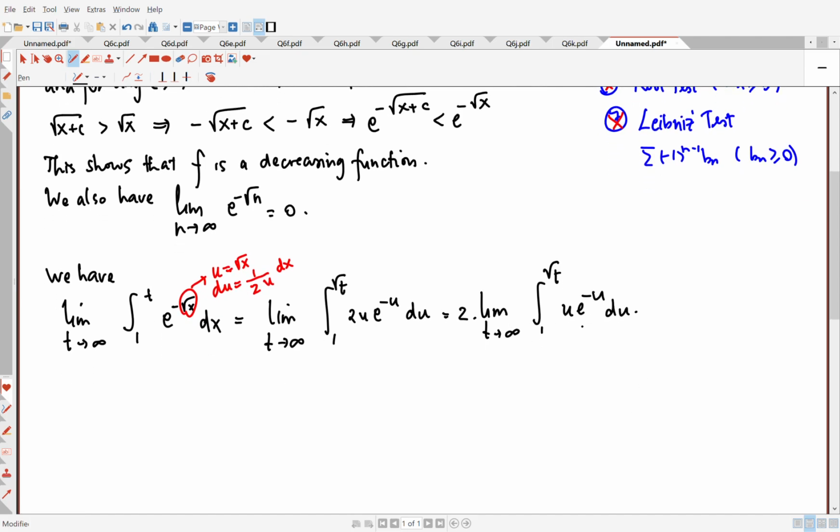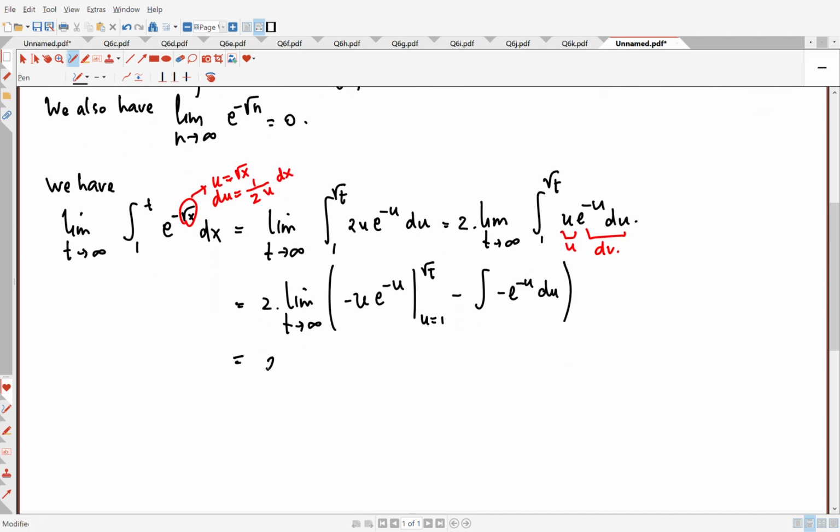And we do integration by parts. This is my u, this is my dv. So this is equal to 2 times limit t tends to infinity of u times minus e to the power of minus u, u from 1 to square root t, minus the integral of minus e to the power of minus u du.